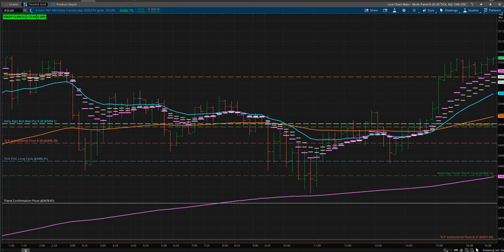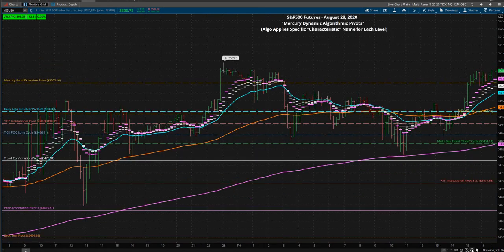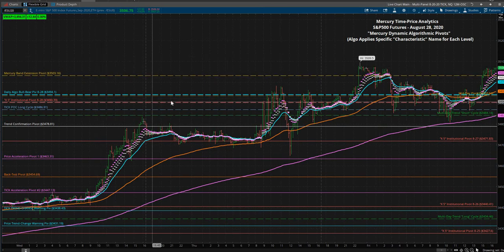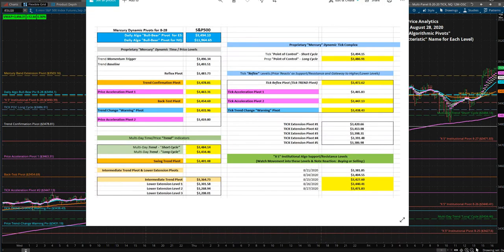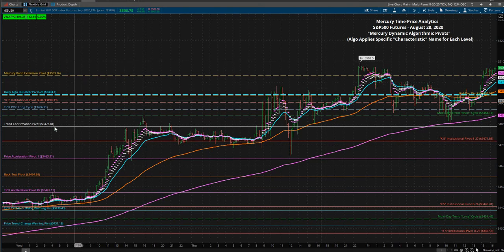Now, you can trade this with the dynamic pivots. Now, the Mercury dynamic pivots, that's what I just showed you right here. All right, we put this on the chart. And the reason they're called dynamic pivots is because they have these descriptive names.